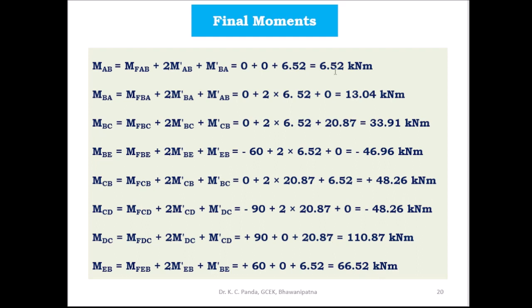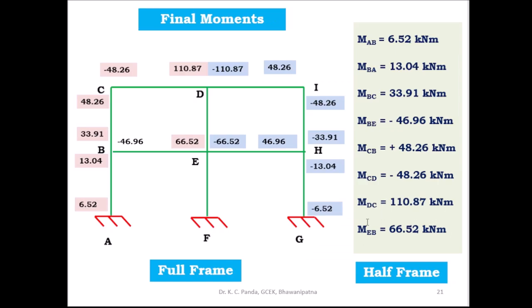After getting the value for the substitute frame, for the other half you have to put the same value on the opposite side. So this is the value you got, the final end moments MAB, MBA, MBC. Here this is the full frame, so this is the half frame and this is the other half frame.